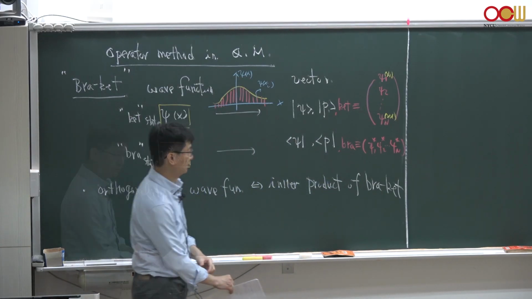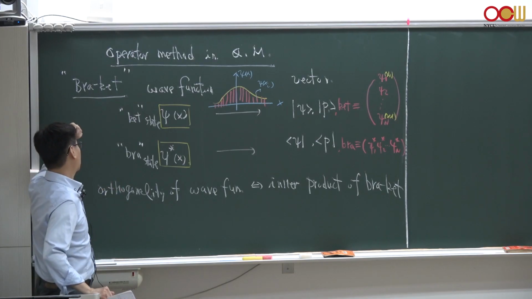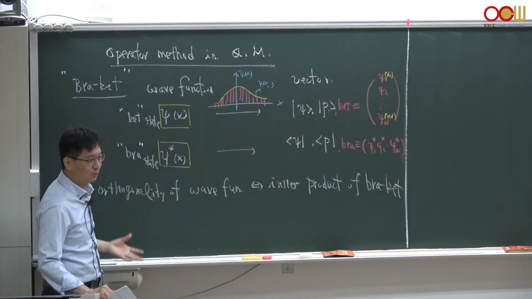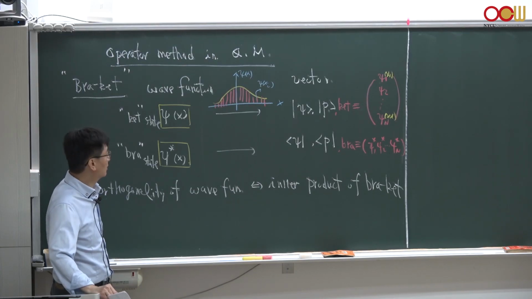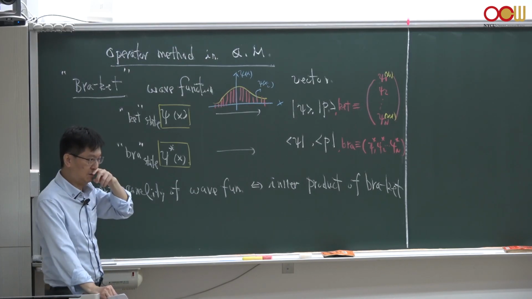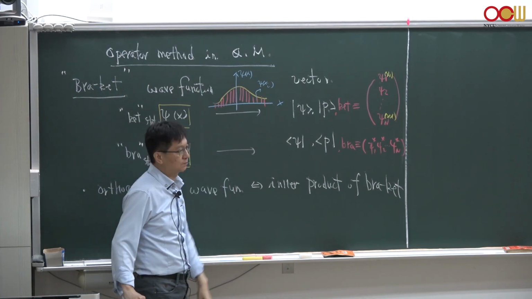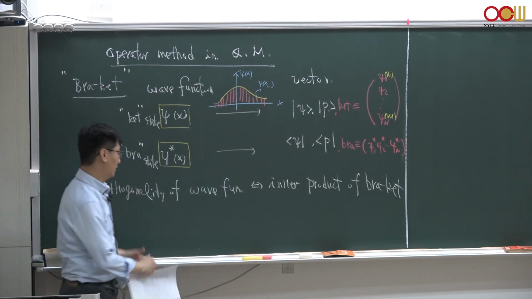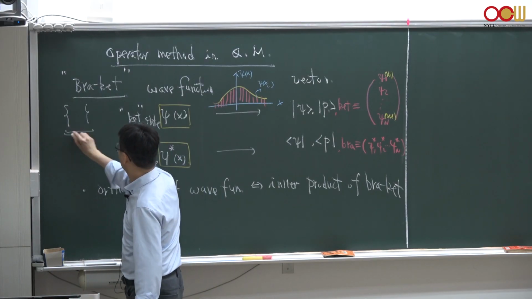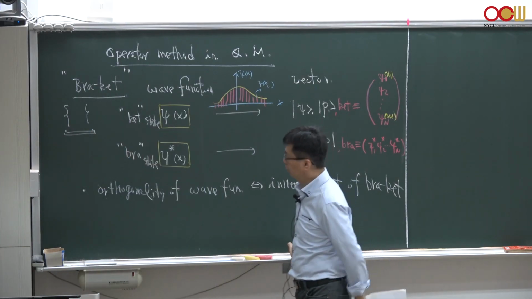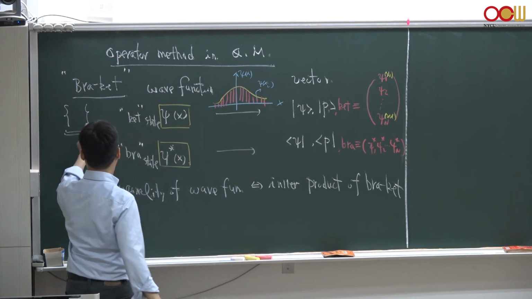Here, Dirac, a very smart theoretical physicist, invented a notation called the bracket notation for this column and row matrix. The bracket is nothing but this symbol, made of two kinds of symbols like this.